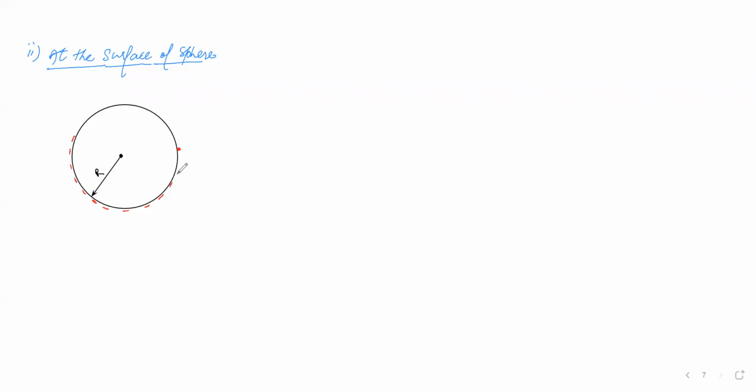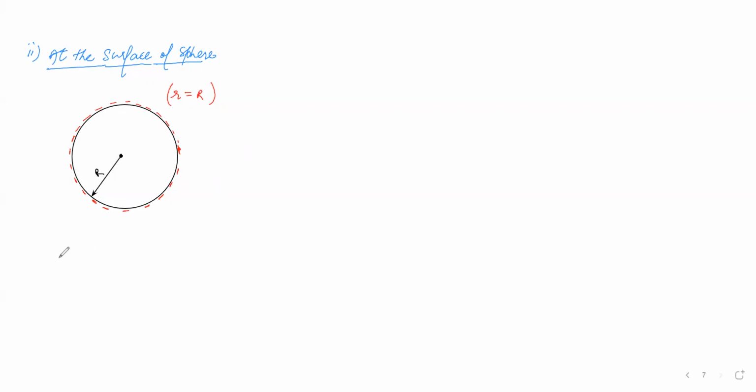Again, the radius of the Gaussian surface is equal to the radius of the sphere.